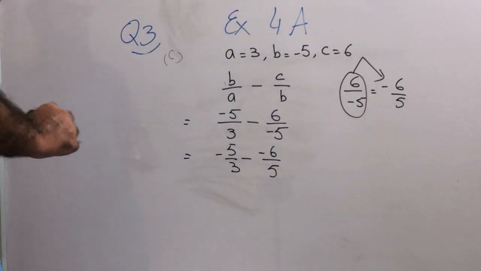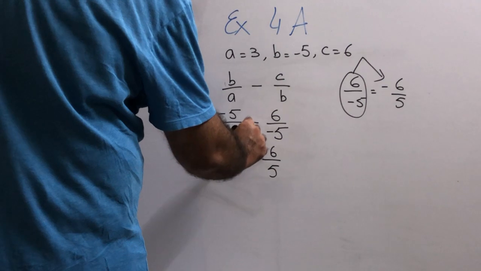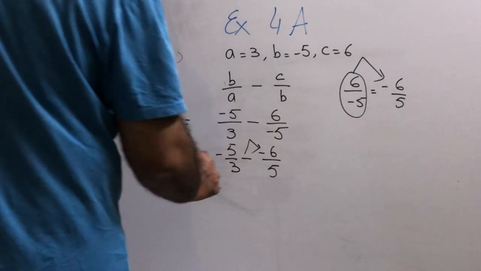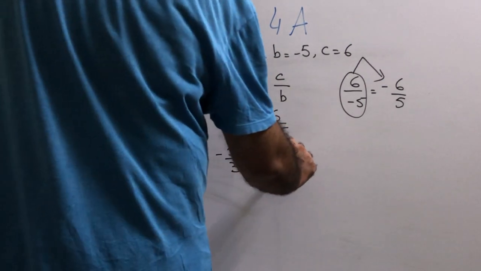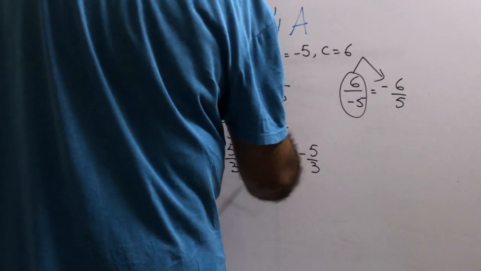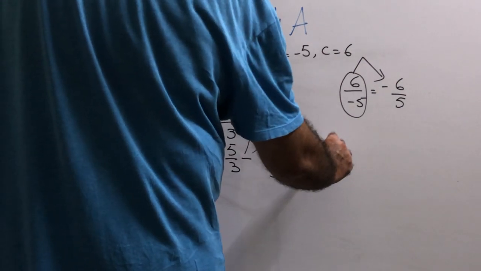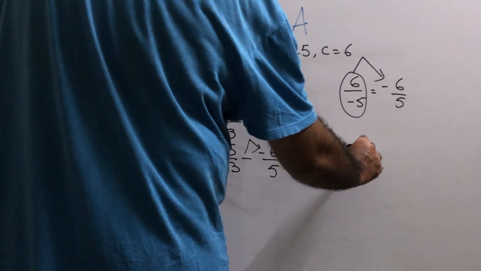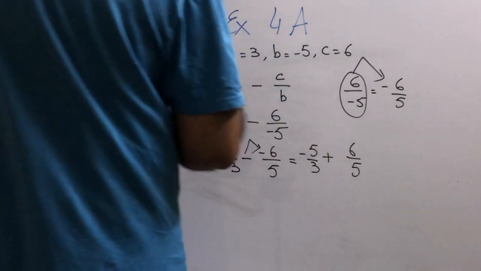Now remember that this minus will be multiplied with this minus. So in the next step this minus 5 over 3 remains the same. Minus into minus becomes plus 6 over 5.